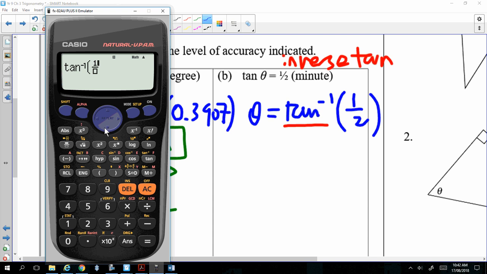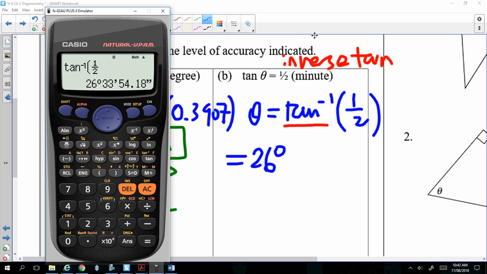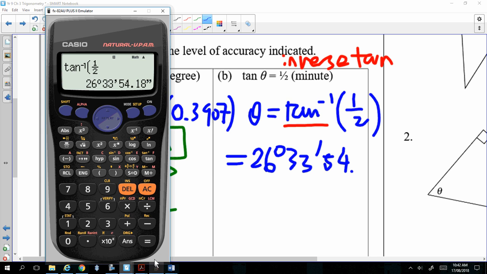1/2. Are you doing the first one? Make sure you press this button to get the minutes and seconds. It gives 26 degrees, 33 minutes, 54.18 seconds.